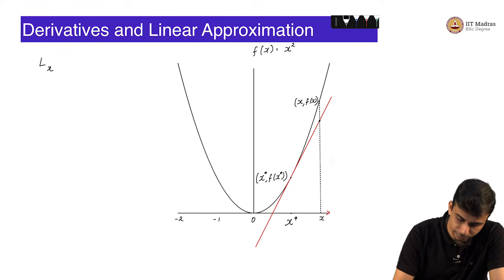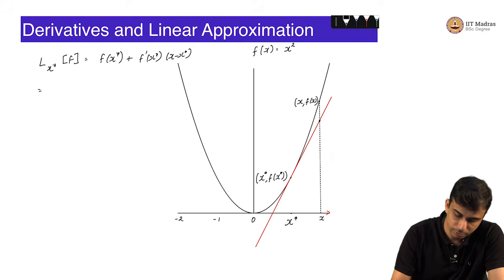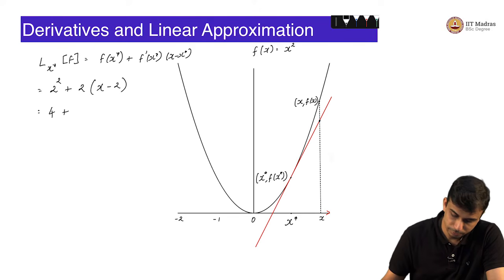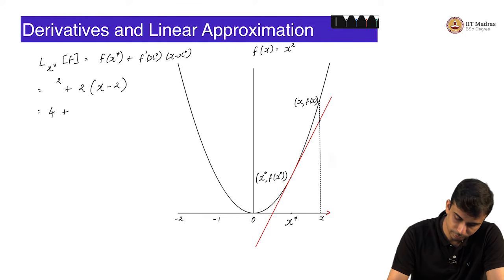Well, L x star of f is simply equal to f of x star plus f dash of x star into x minus x star, which is 1 squared plus 2 into x minus 1, right.